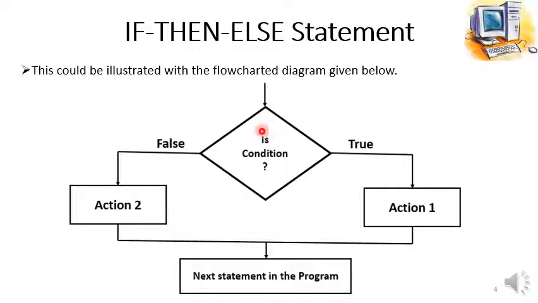First of all, the condition is evaluated, just like we have written if followed by a condition. If the condition is true, then action 1 is going to be performed, and then the statements after action 1. If the condition is false, then another action, action 2, is going to be performed, and after that the other statements are going to be executed.